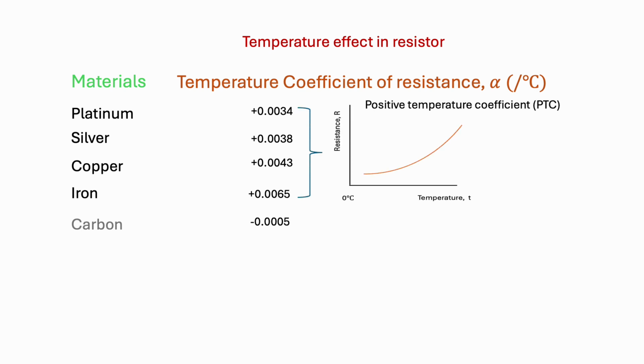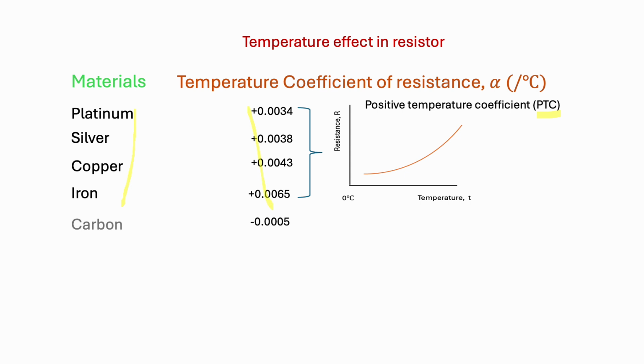For example, platinum, silver, copper and iron, all these metal conductors show the positive temperature coefficient, PTC, and the values are shown here.